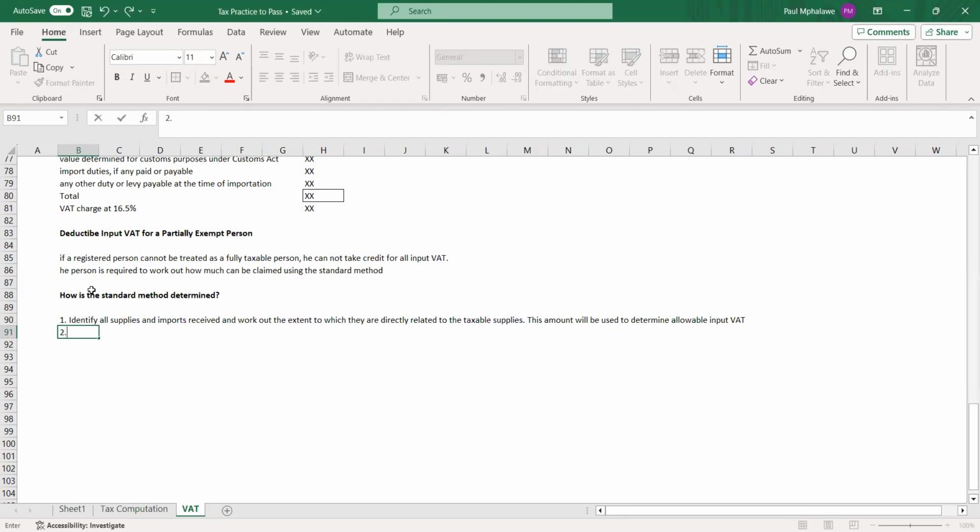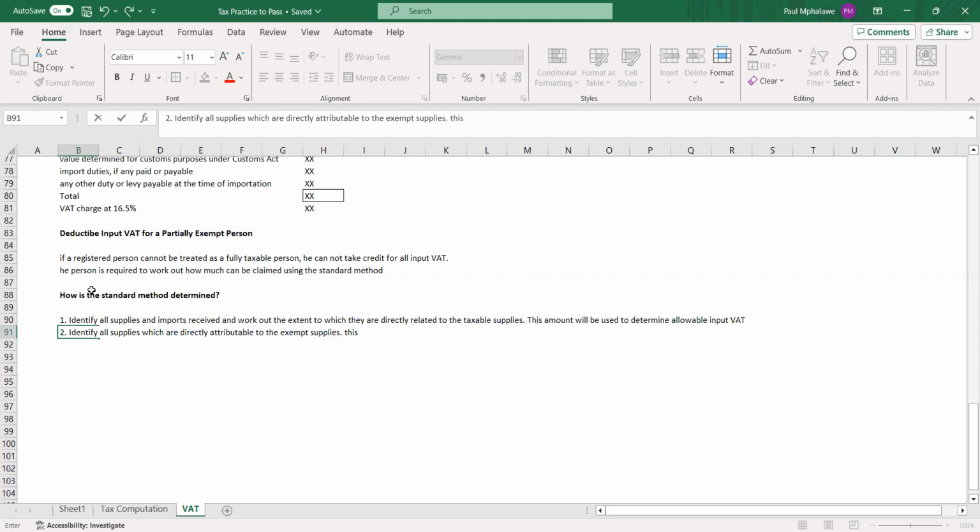Number two, identify all supplies which are directly attributable to the exempt supplies.